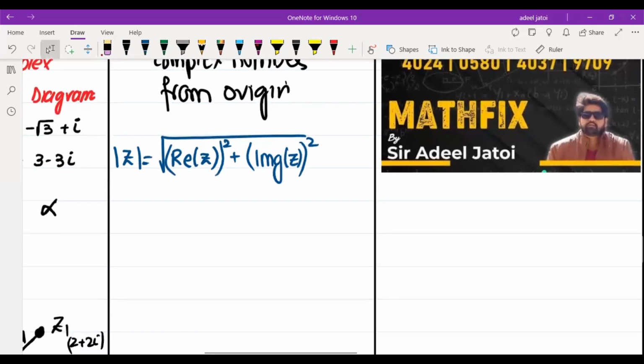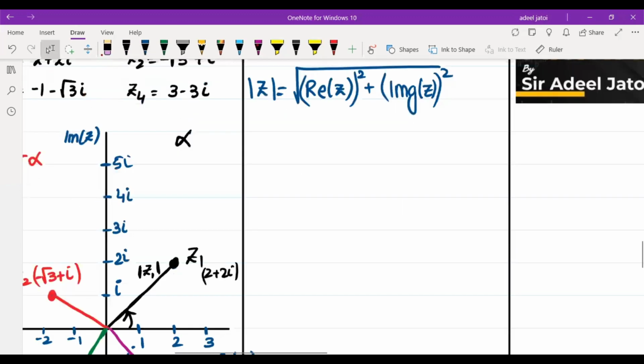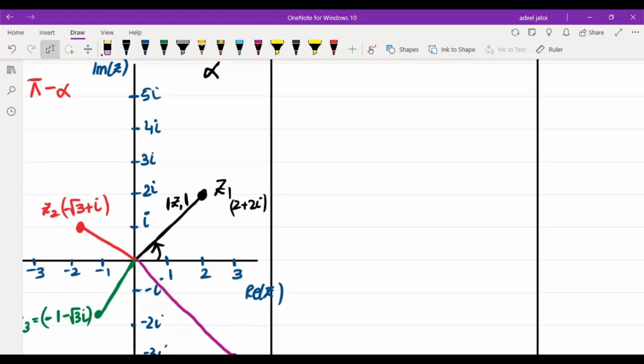Because normally it is creating a right angle triangle. If you just look at this, it is creating your right angle triangle where you know the base is represented by real 2, and you know the perpendicular is imaginary 2.